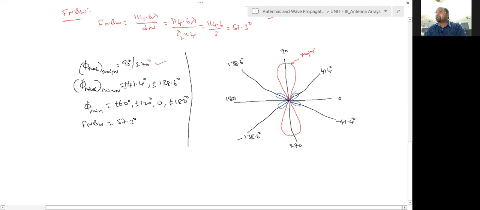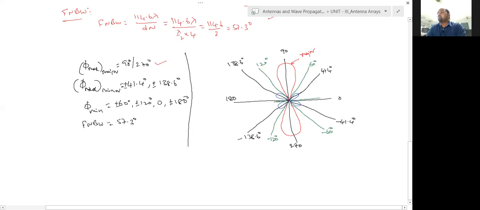So this is 60 degrees, and minus 60 degrees is this, and 120 degrees, and minus 120 degrees, and 0 degrees and 180 degrees.